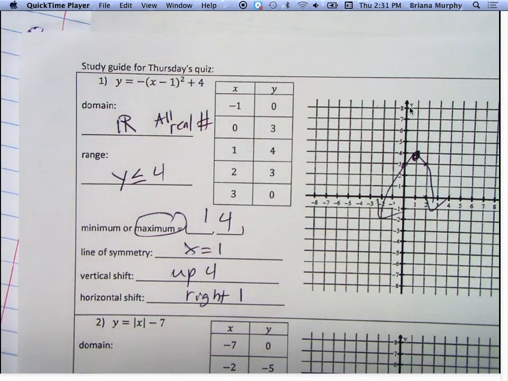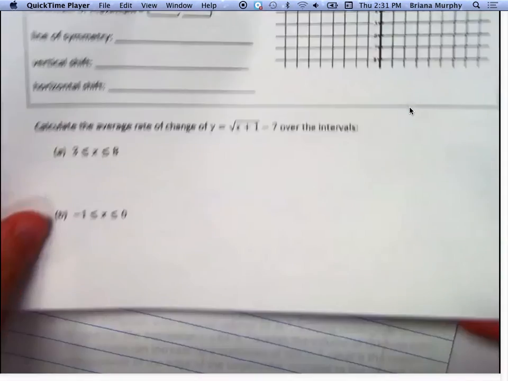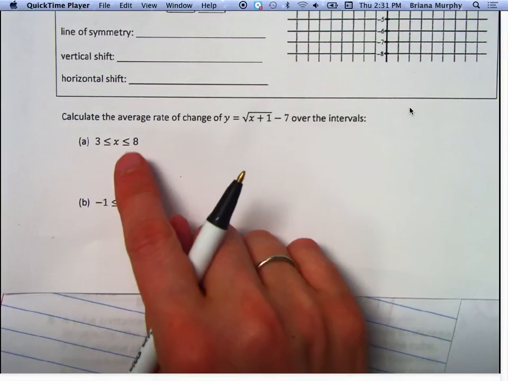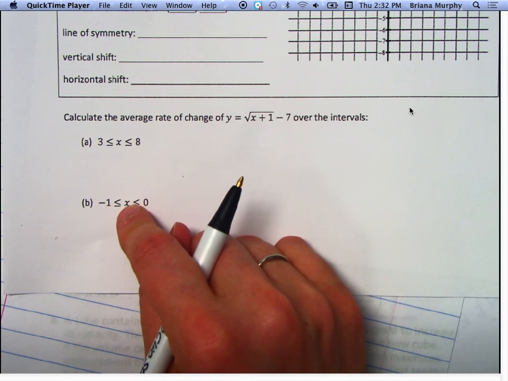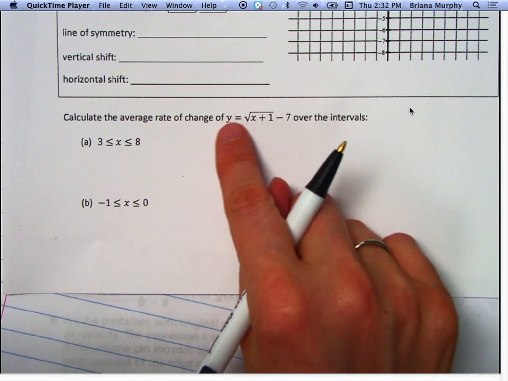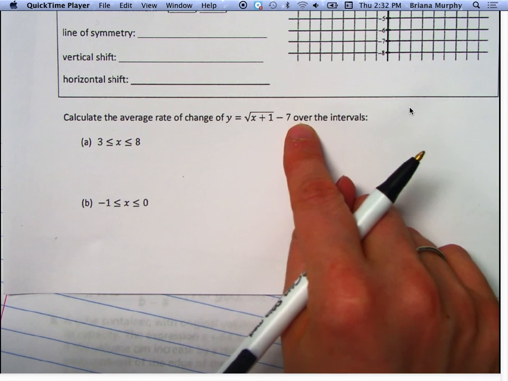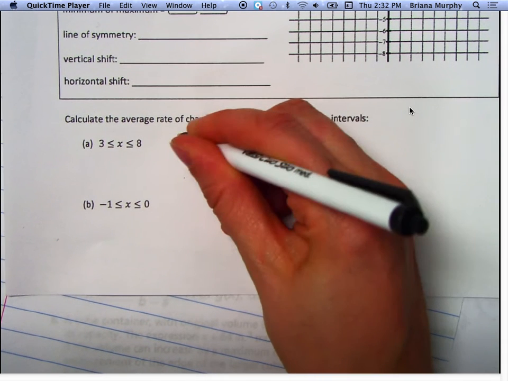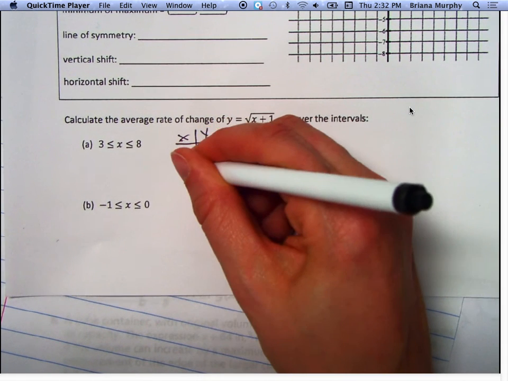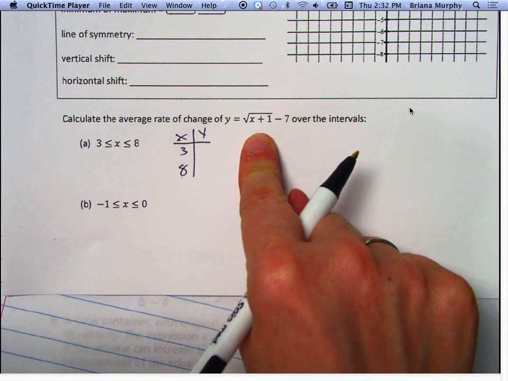Okay, we're going to move down to the very bottom, and then we'll be done. A and B, these are for every single problem you're going to have to do something like this. So here's a problem, square root of x plus 1 minus 7 over these intervals. So all I'm going to do is make x and y. I'm going to plug in 3 and 8 into this equation.